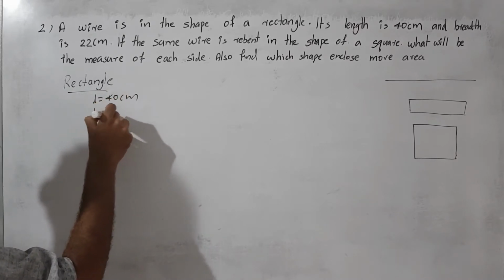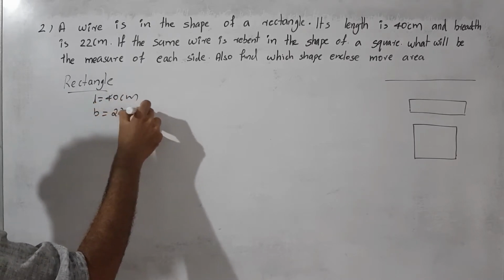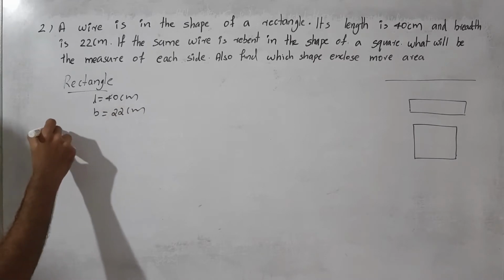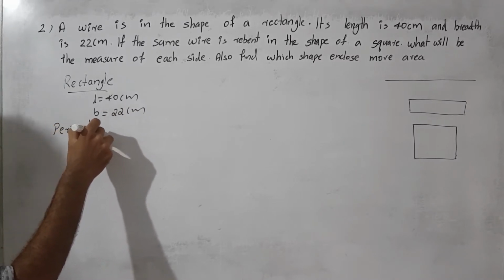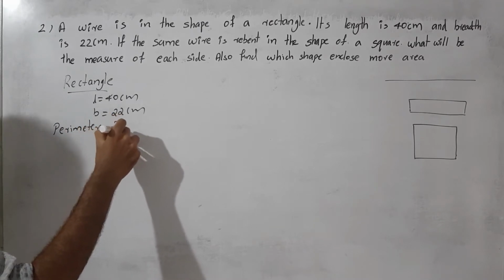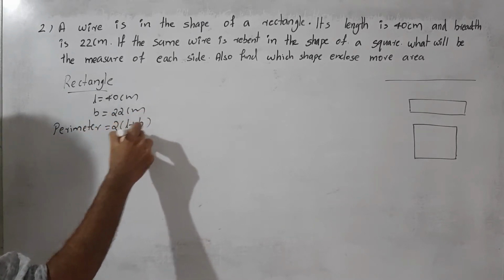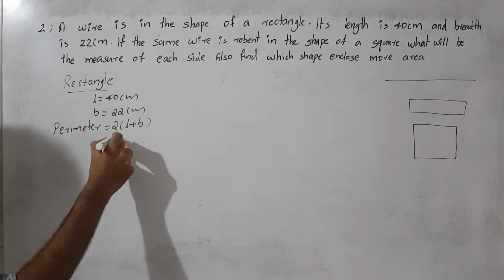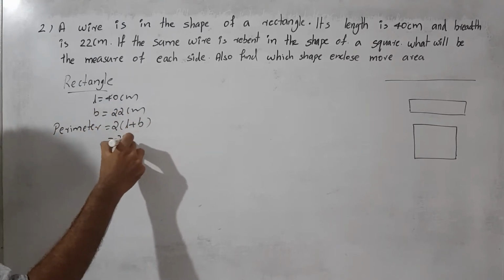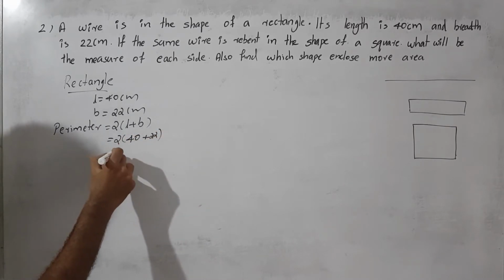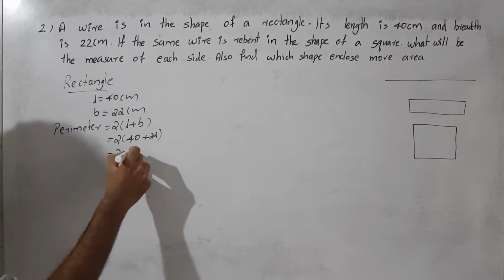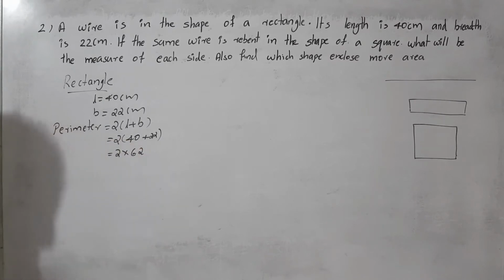Breadth is equal to 22 centimeter. Then we know the equation to find the perimeter. Therefore perimeter is equal to 2 into (L plus B). L is 40 plus 22. 40 plus 22 is equal to 62, correct?